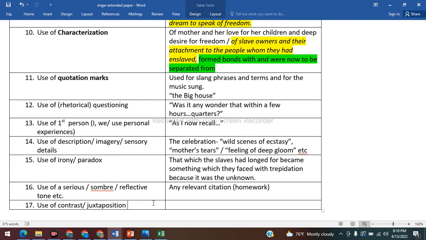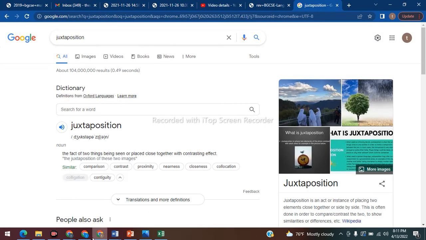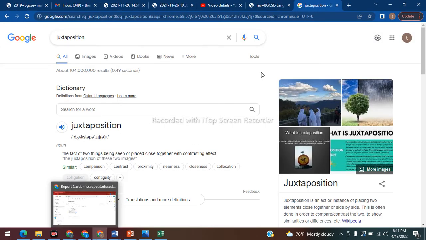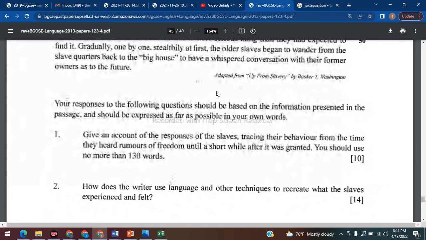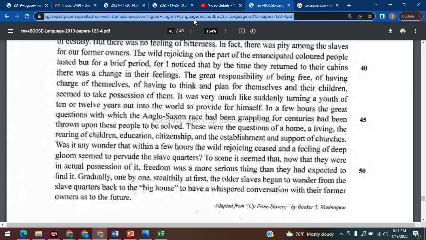All right, so where do we see the contrast or the juxtaposition? Okay, let's go to the story. I should put this link inside the group, so that y'all could have it while we go through it.